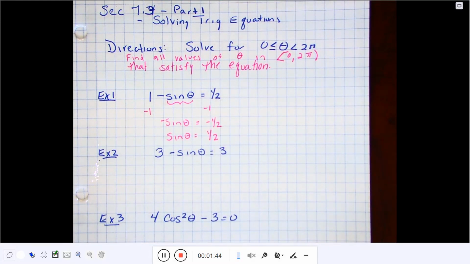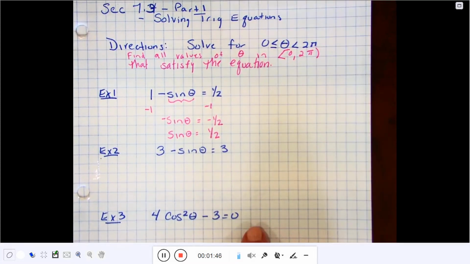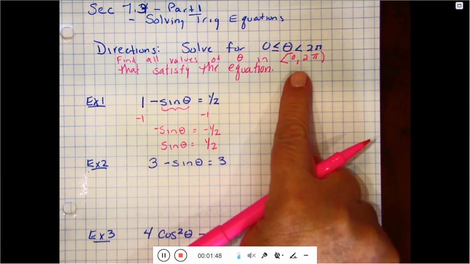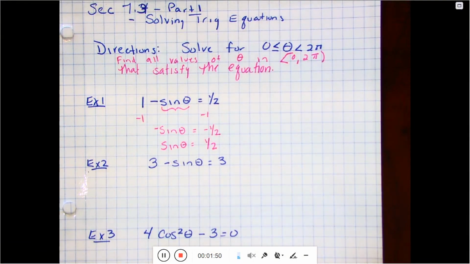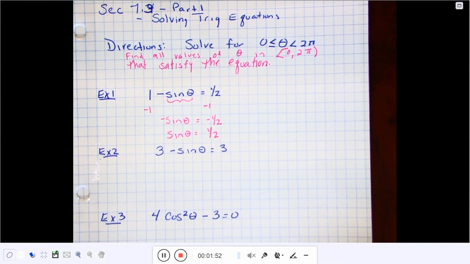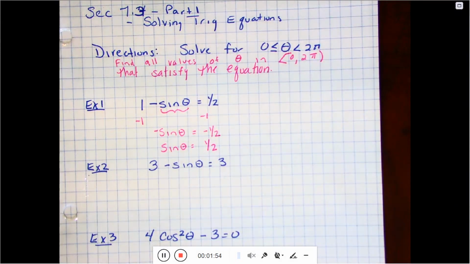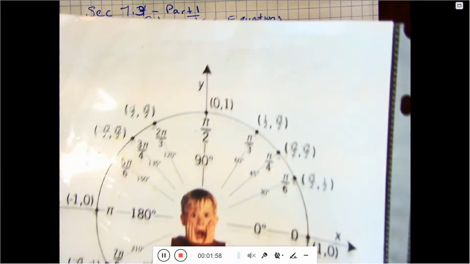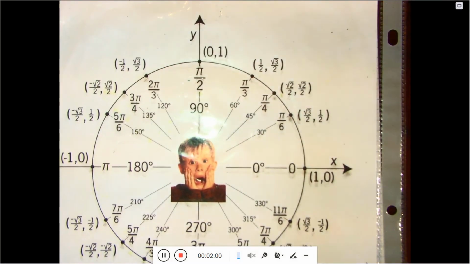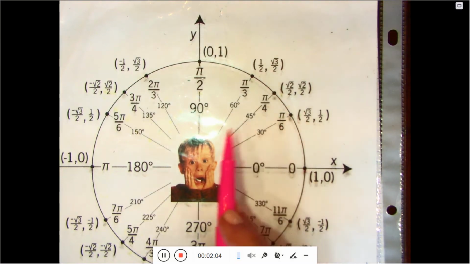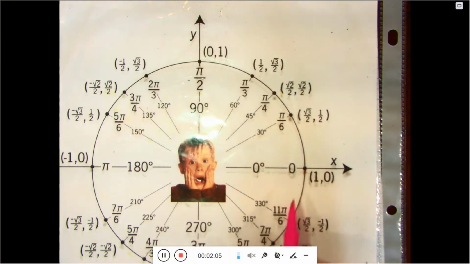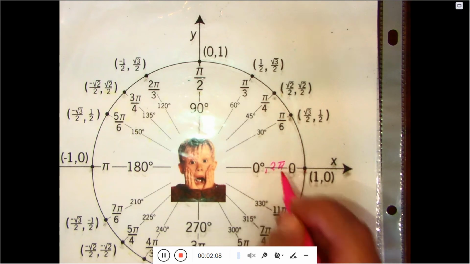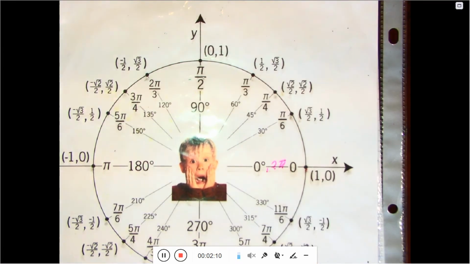So what this is asking me is to find all the values of theta in the interval 0 to 2 pi where the sine is 1/2. So getting out my unit circle, I'm going to simply look on the unit circle for all the values between 0, including 0, all the way to 2 pi, where the sine of theta is 1/2.